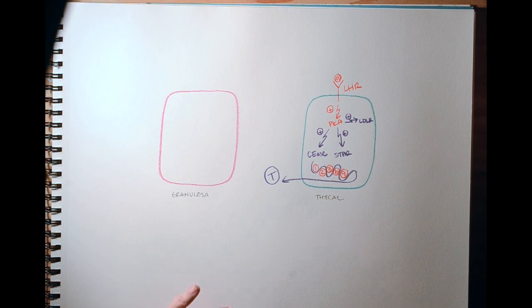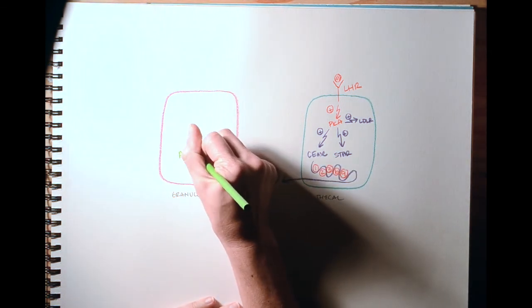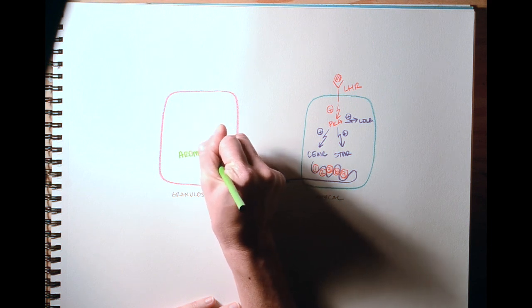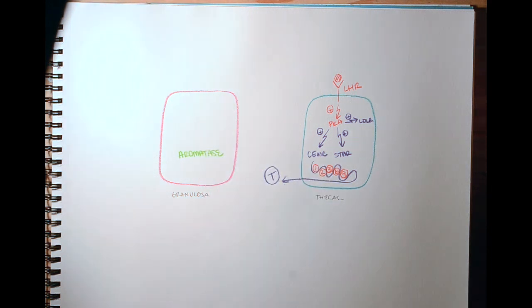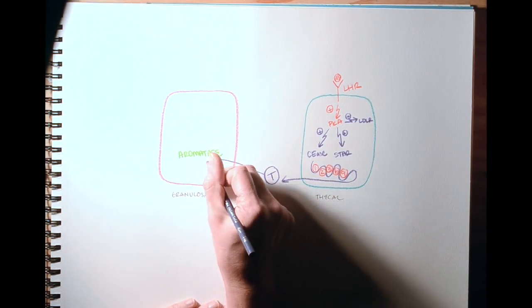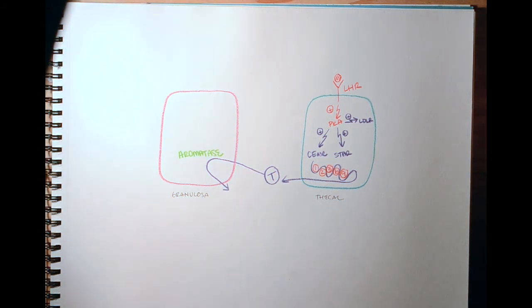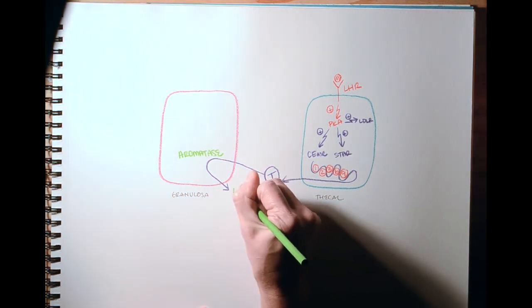Of course, we've already learned that the enzyme aromatase can take testosterone and convert it to estrogen. So aromatase is actually expressed by the granulosa cell, so that in the presence of testosterone, the granulosa cell can produce massive amounts of estrogen.